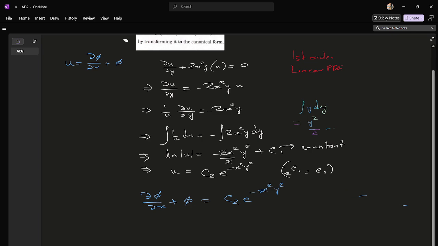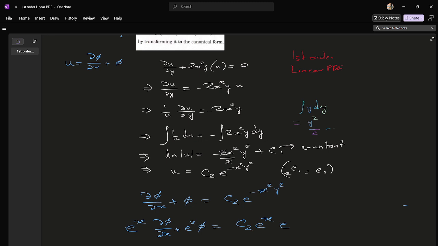We can easily see that e to the power x will be the integrating factor here.